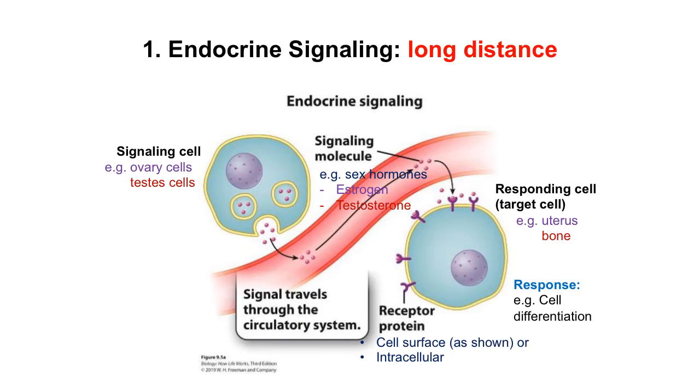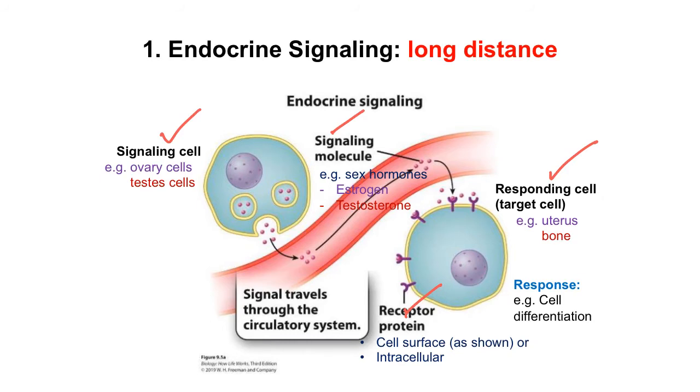Recall that we still have the four basic components of cell-cell signaling, which are the signaling cell and the responding cell, and there is the signaling molecule being secreted by the signaling cell and the receptor protein on the surface of the target cell or the responding cell.